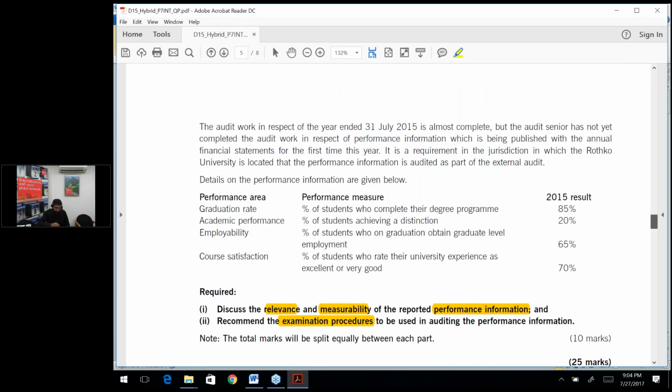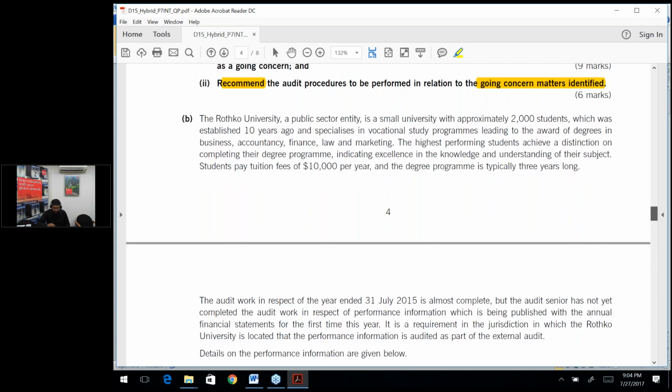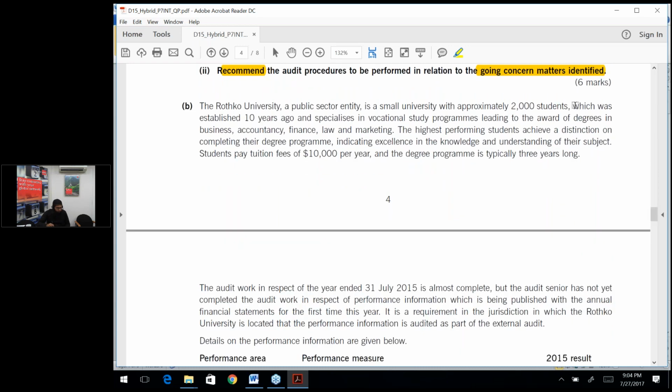So the question says, Rothko, a public sector university, is a small university with approximately 2,000 students, which was established 10 years ago, and it specializes in vocational study programs leading to award of degree. Highest performing students achieve a distinction in completing their degree program, indicating excellence in the knowledge and understanding of their subject.